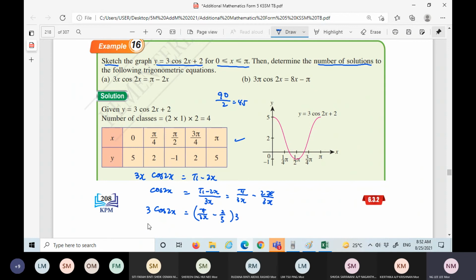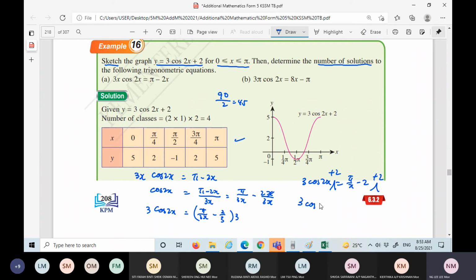This one times 3, cut, so I get pi over x. This one times 3, cut, I get minus 2. Next, I have plus 2, so plus 2 to both sides. Here plus 2, here also plus 2.